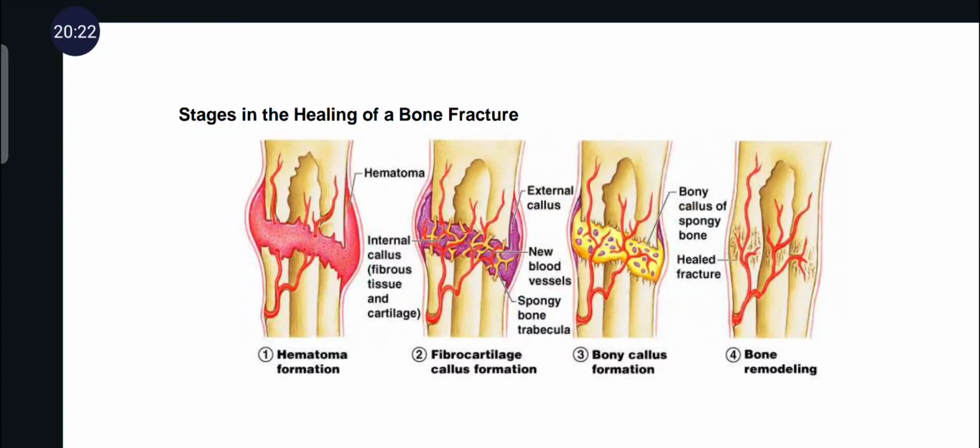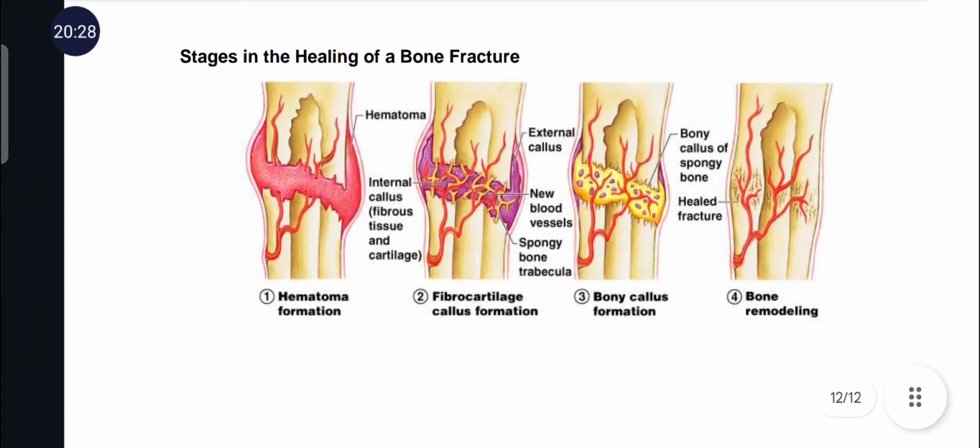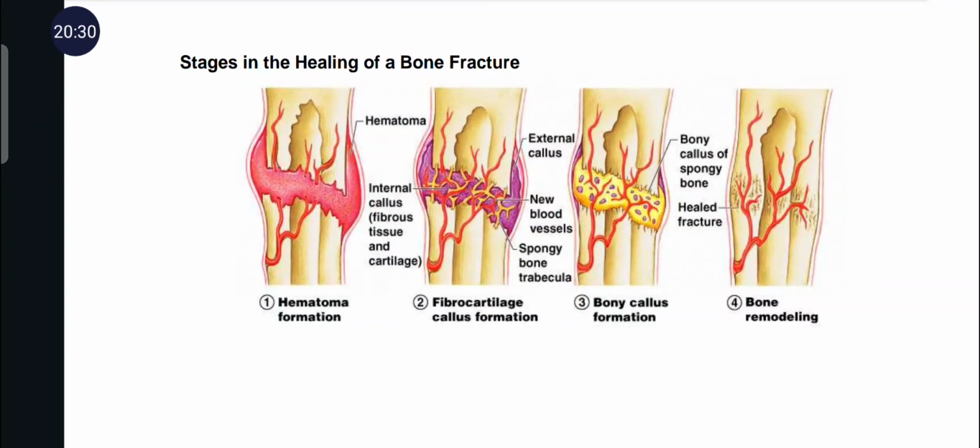So students, the idea of taking this lecture was to make you understand the basics of bone structure, how the development of bone takes place, what are the processes associated with the bone, and how the fracture is getting healed. Thank you so much.